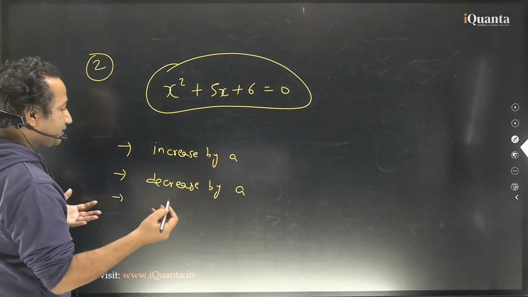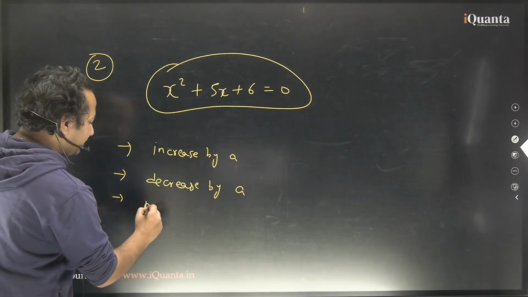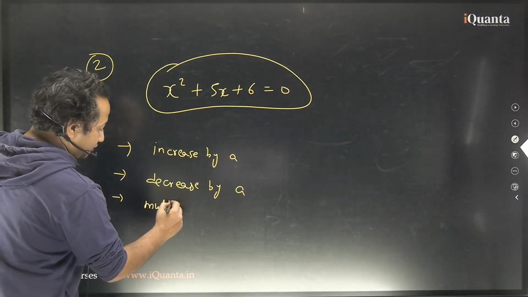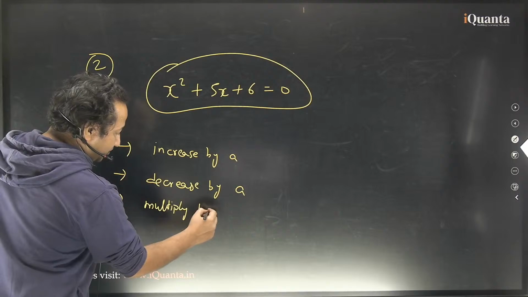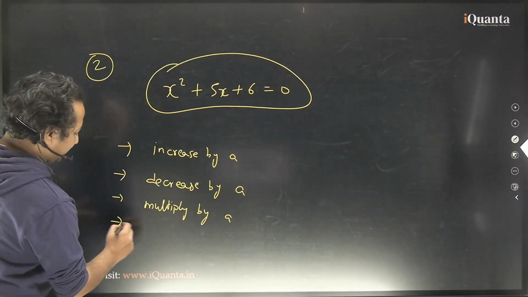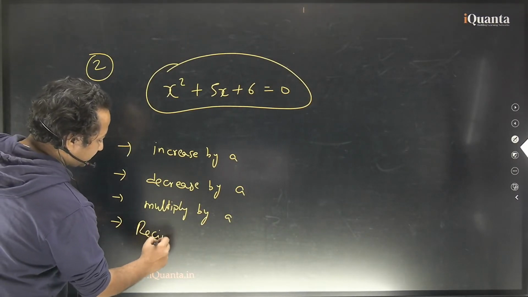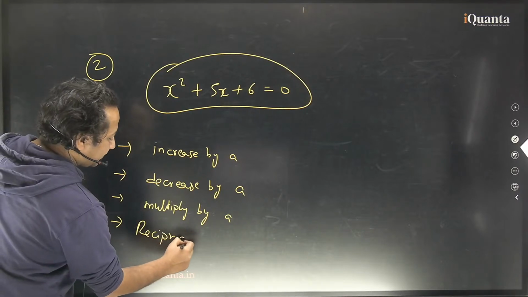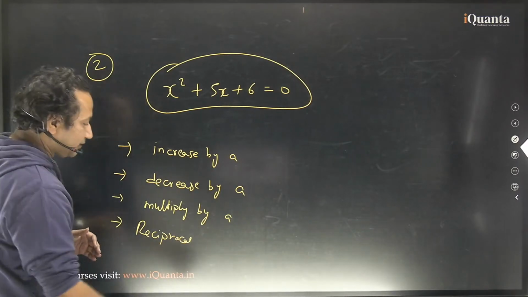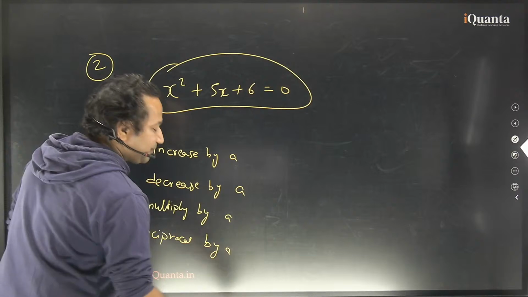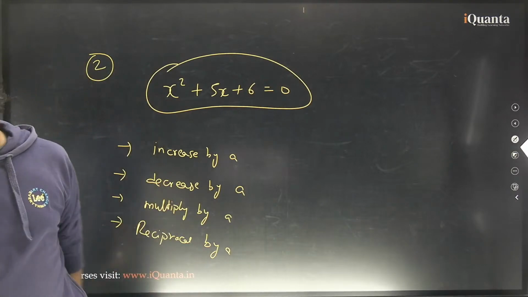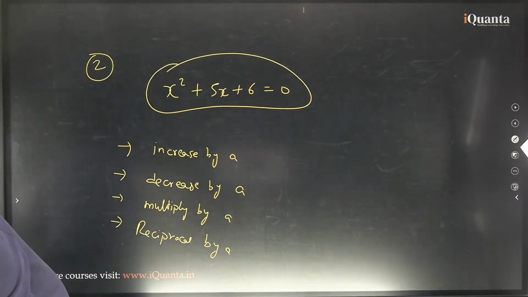Questions where you have to multiply the roots by a, take the reciprocal, divide by a. So all these things are there. In those cases, I have seen that a lot of people try to find the roots and then do everything. Finding roots and all that stuff, this is what you're doing. A lot of people do not know about this, and you're going to love this shortcut.